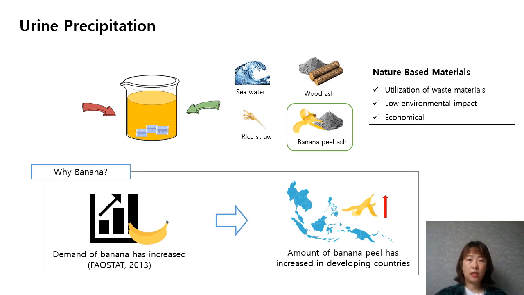In this study, I will mainly compare wood ash and banana peel ash. Wood ash has been investigated as an additive for source-separated urine. However, due to its high content of heavy metals, there has been a limitation on its utilization as a fertilizer.